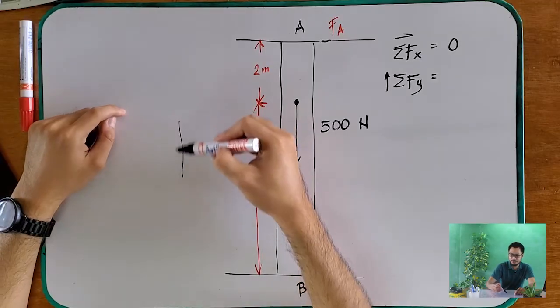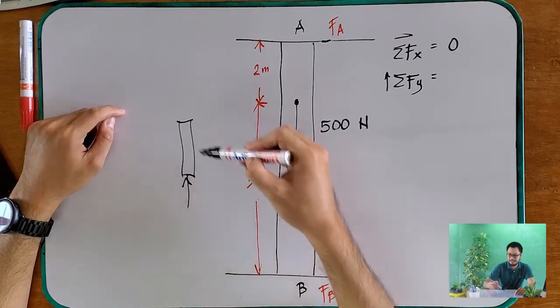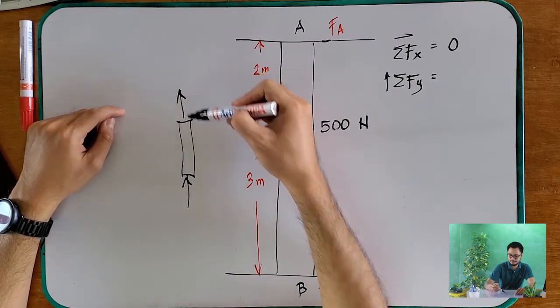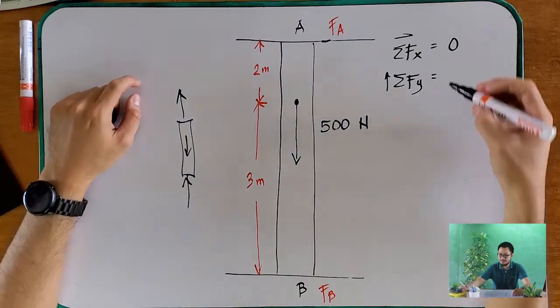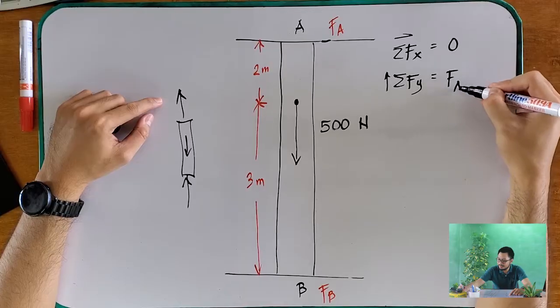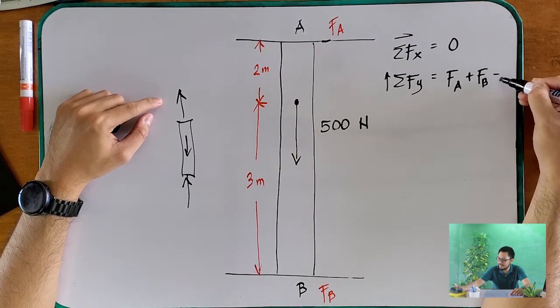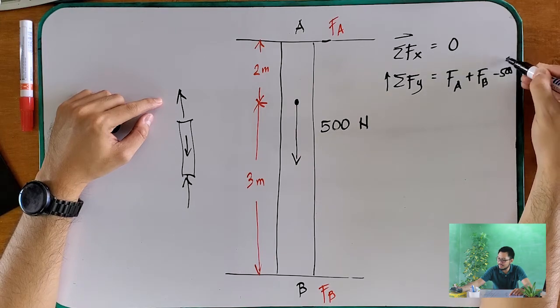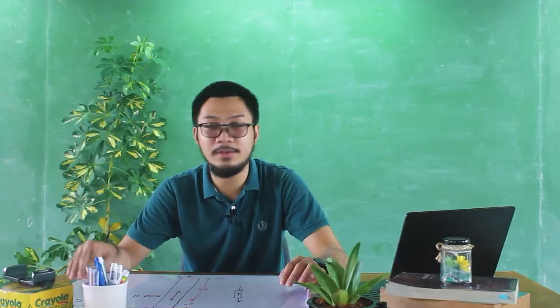So this is our beam, and we can say FA plus FB minus 500 equals 0. Right? So this is your equation for y.